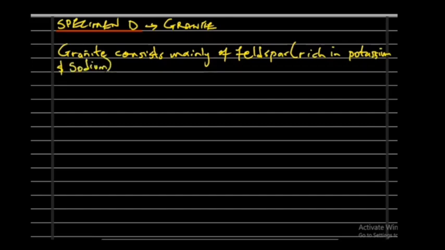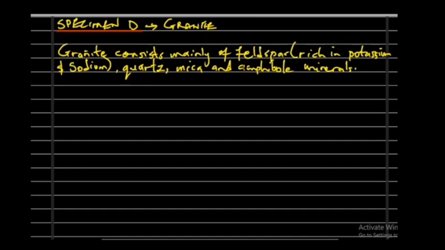Feldspar is rich in potassium and sodium, and then it also has quartz, mica, and amphibole minerals. So this is just a light description of what granite is.